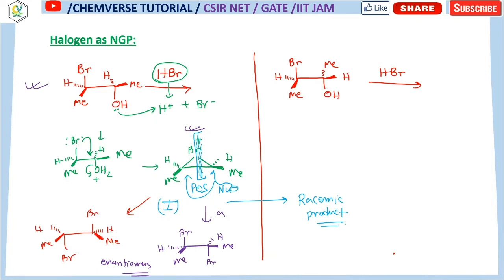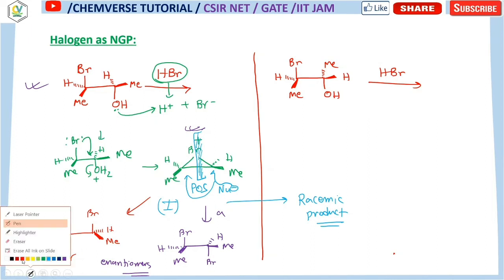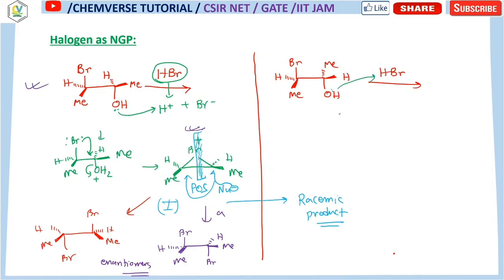Okay. Now a similar reaction mechanism will be observed in this second substrate, but the product will be different. Why? Because over here this lone pair will abstract one hydrogen, producing OH plus, and this bromine will perform the NGP to produce a cyclic bromonium ion, which is a structure something like this.